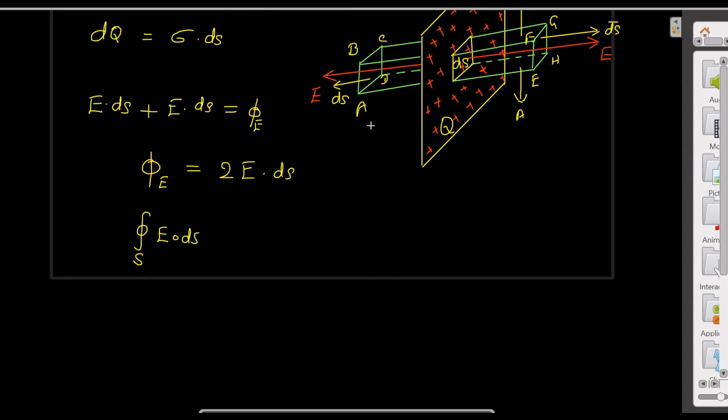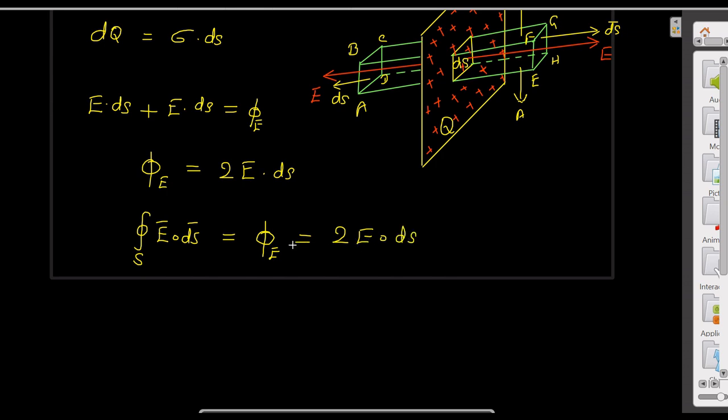Here we consider the Gaussian surface as the parallelepiped, and over the entire surface electric field dot ds is equal to total flux phi E, which is equal to 2 times E dot ds.